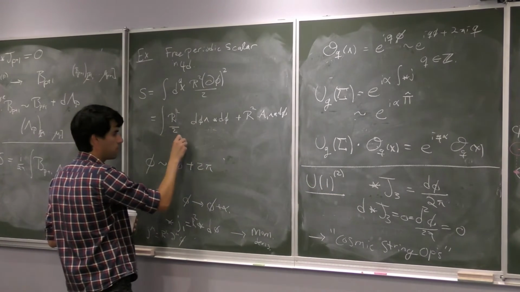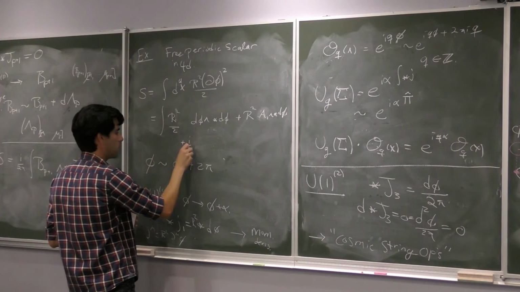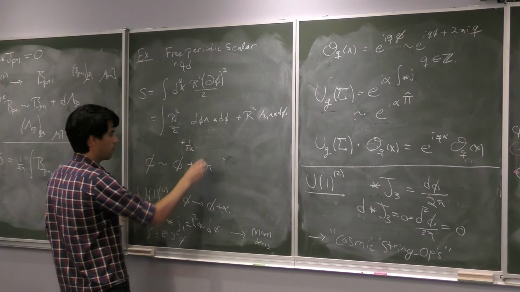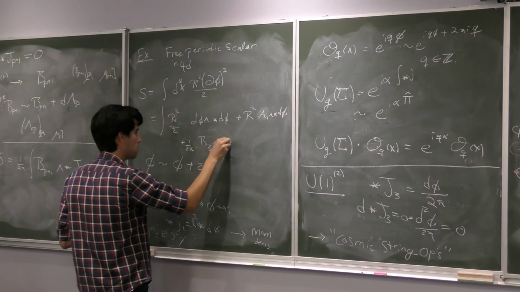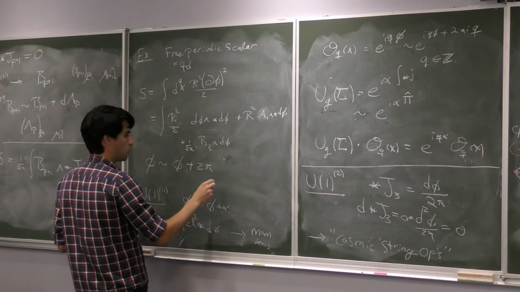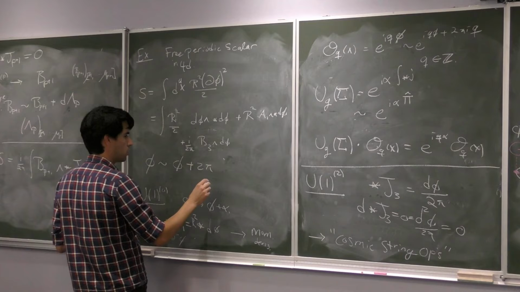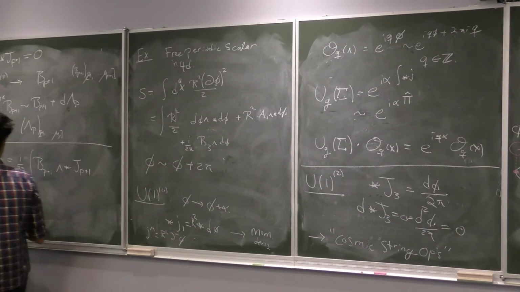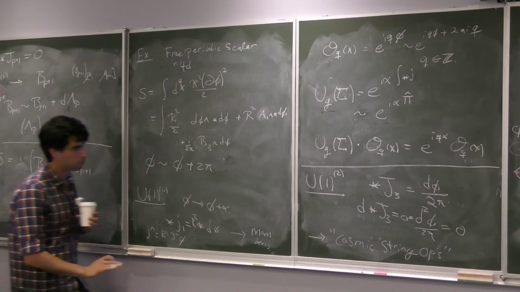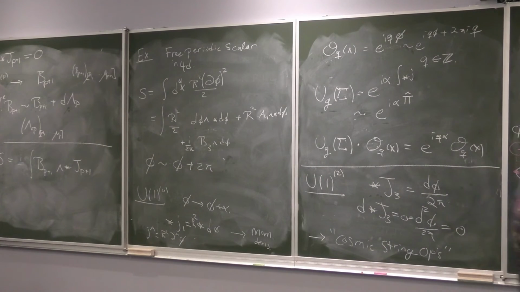So then we write plus I over 2 pi B3 wedge d phi. Sorry, I keep writing these 2 pi's, but they don't need to be there. I think it's a different normalization.